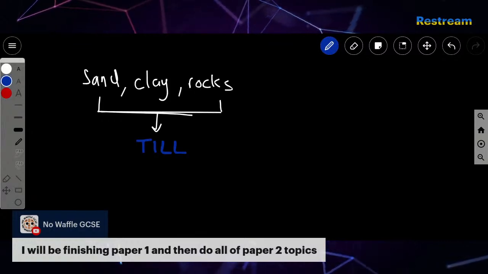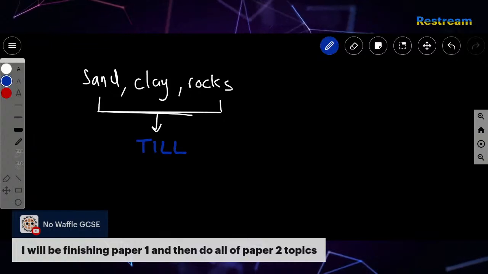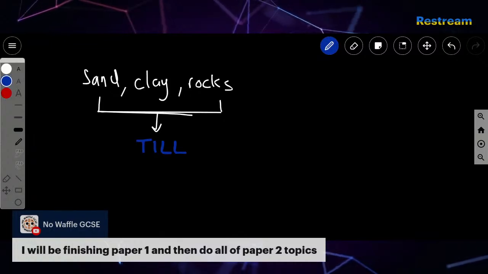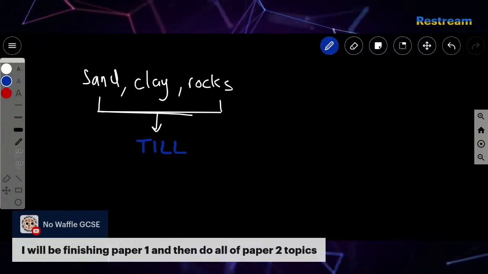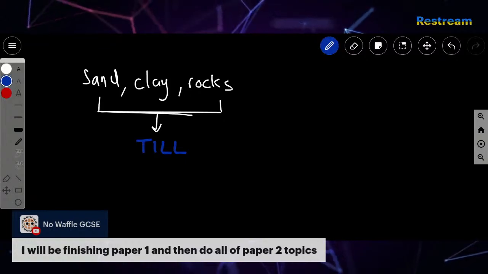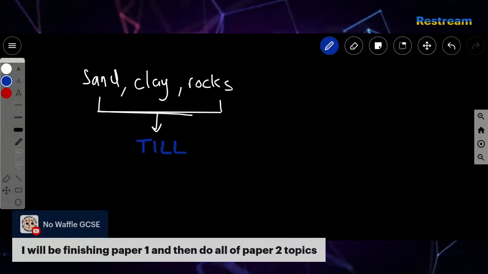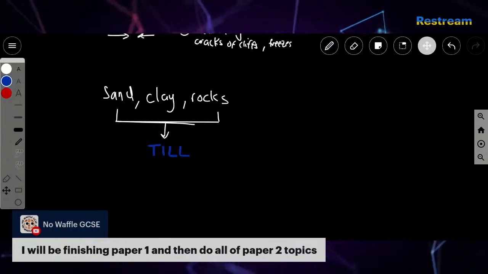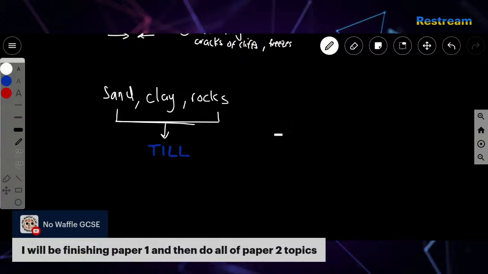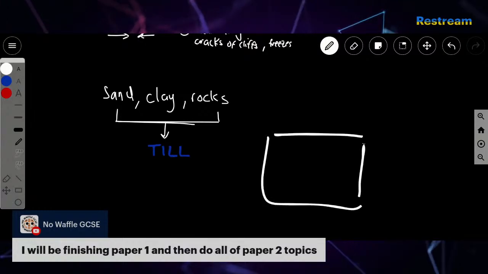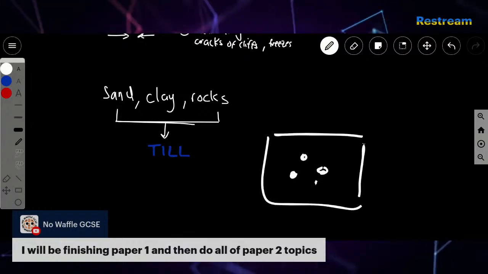Now, transported material is frozen within the glacier. It's carried on its surface or it's pushed in front of it. So there's three main ways glaciers can transport material. So we've got the glacier here. It can be frozen inside of the glacier.